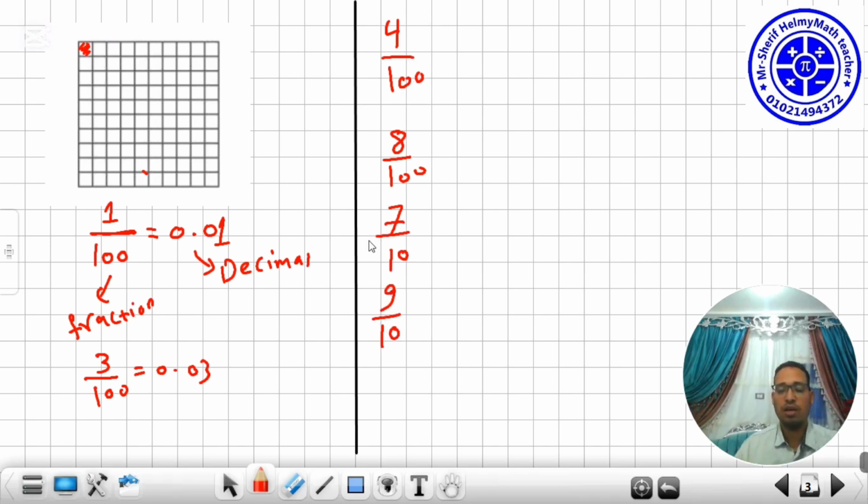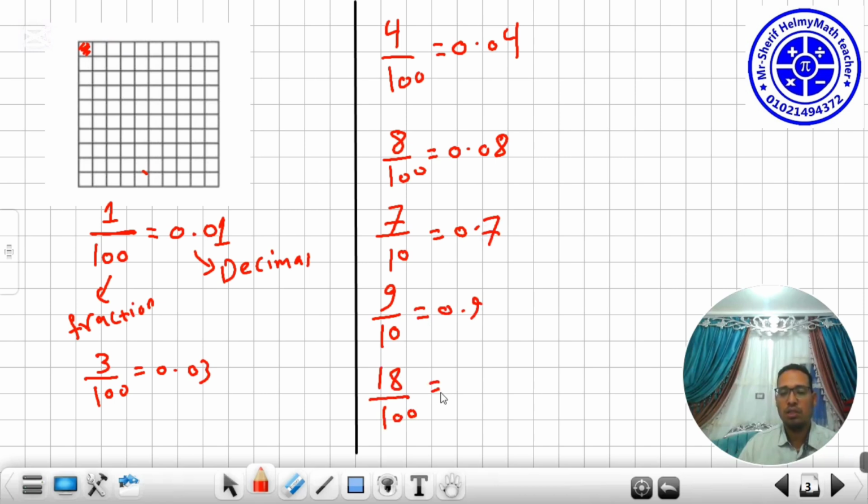Did you finish? Now you have to check your answers. 4/100 will be 0.04. This will be 0.08, 0.7, 0.9. If you have 18 over 100, it will be 0.18. Why?